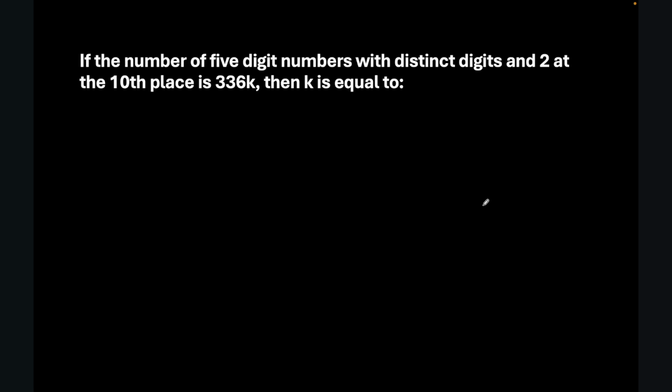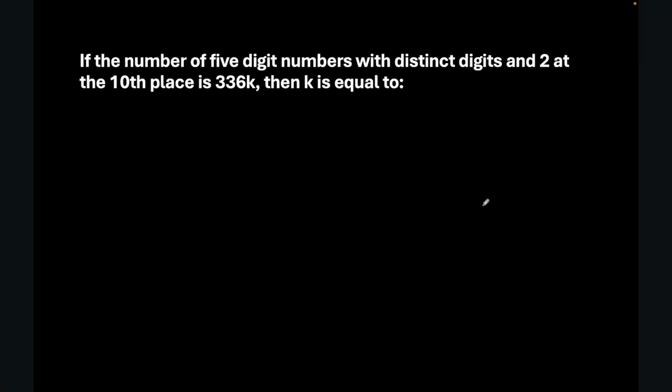We're given that if the number of 5-digit numbers with distinct digits and 2 at the 10th place is 336k, then k is equal to what?